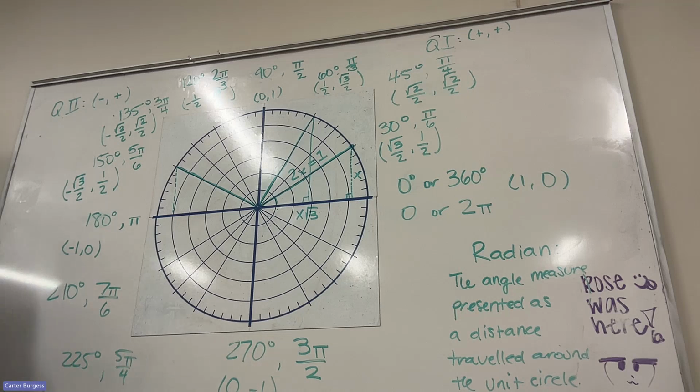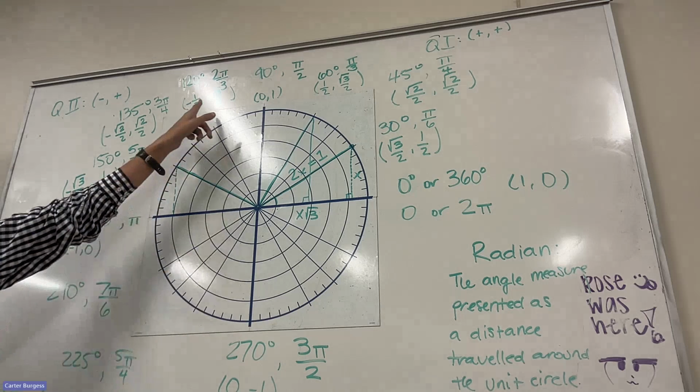What do they all have in common? A little bit less than 1. In quadrant 3, we pass our 1 pi, we pass 1. So we're a little bit more than 1, so 7/6, 5/4. What would we expect for our radian measure in terms of pi over 3?